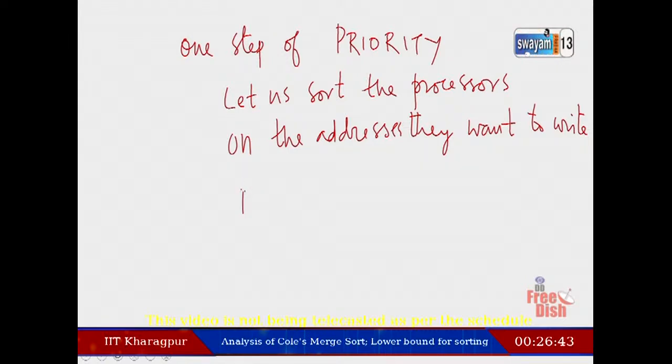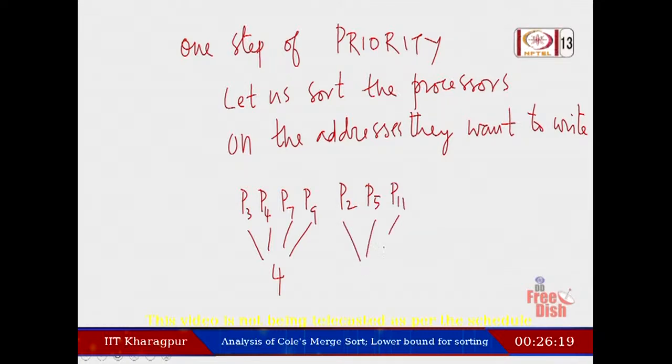So we will have several processors all wanting to write in location 4 coming together. Then we will have several other processes wanting to write in a larger memory location. For example, let us say these want to write in location 6 and so on.